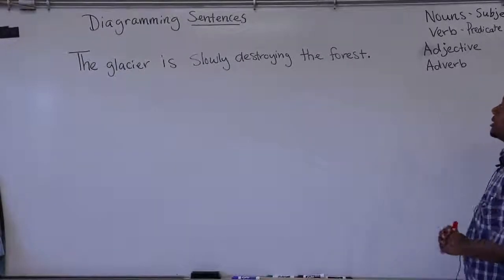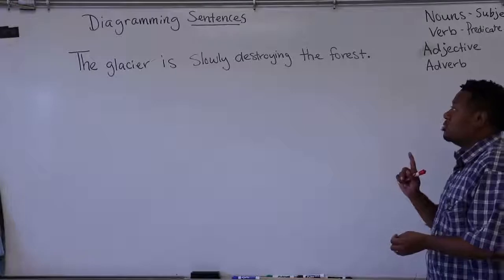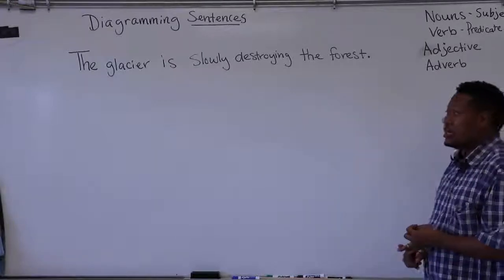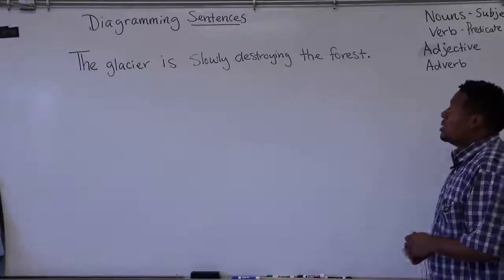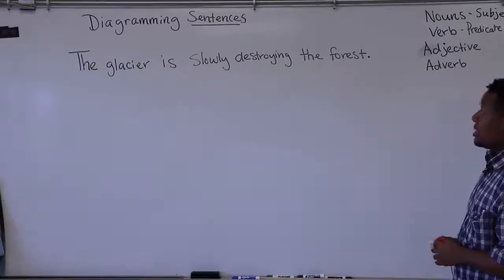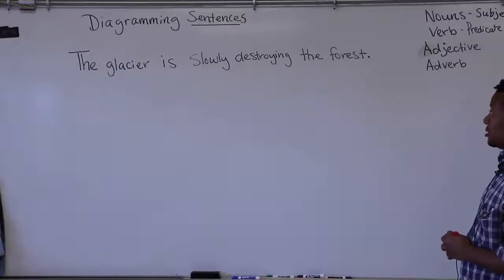As we talked about in our first exercise with diagramming sentences, we talked about a baseline, and we talked about the vertical line that goes straight through the baseline. In this sentence, the glacier is slowly destroying the forest.